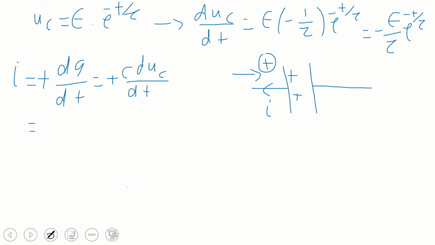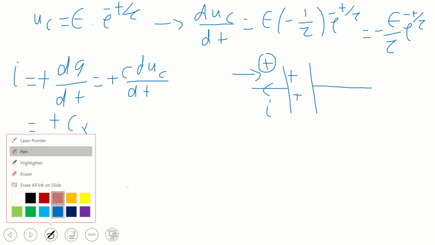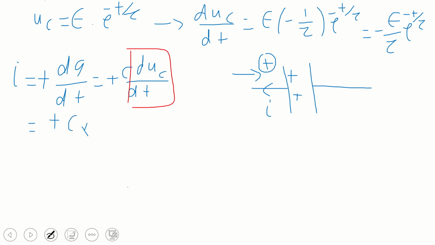Then I equals plus c times expression of the derivative of UC as function of time is this one. So times minus E over tau exponential minus T over tau.